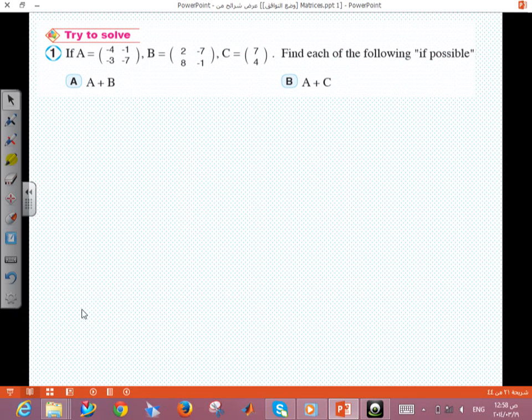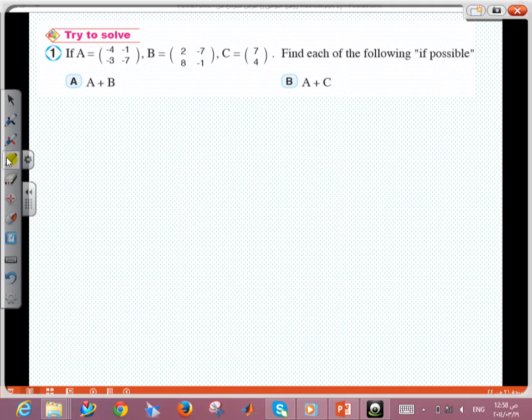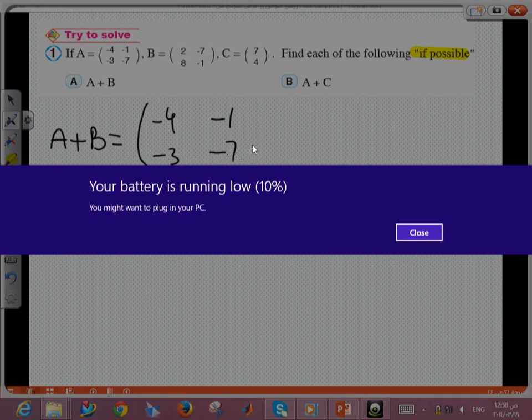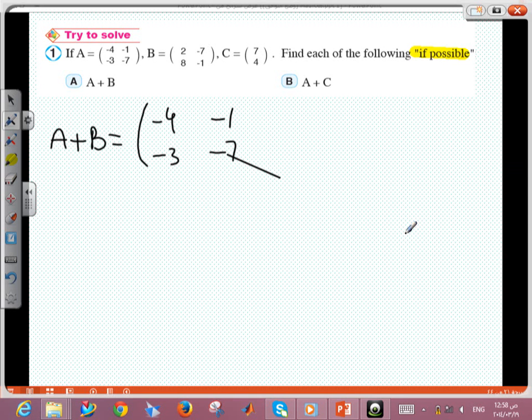Okay. Try to solve: find each of the following if possible. You see now, we say if possible. Okay, let's see. A plus B. A means negative 4, negative 1, negative 3, negative 7, order 2 times 2, and B with the same order.